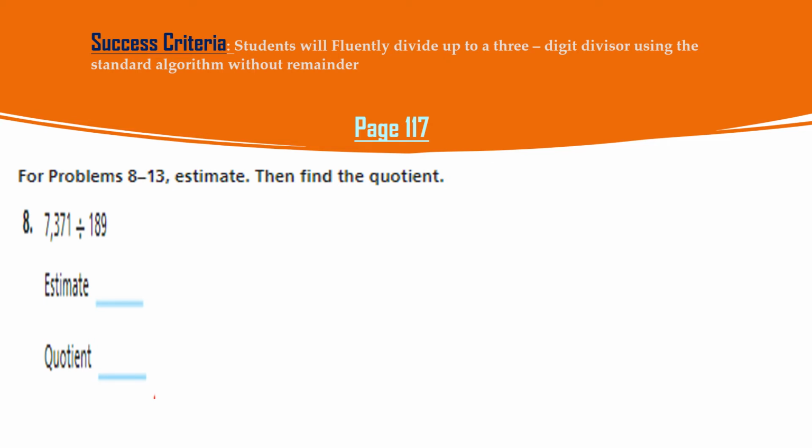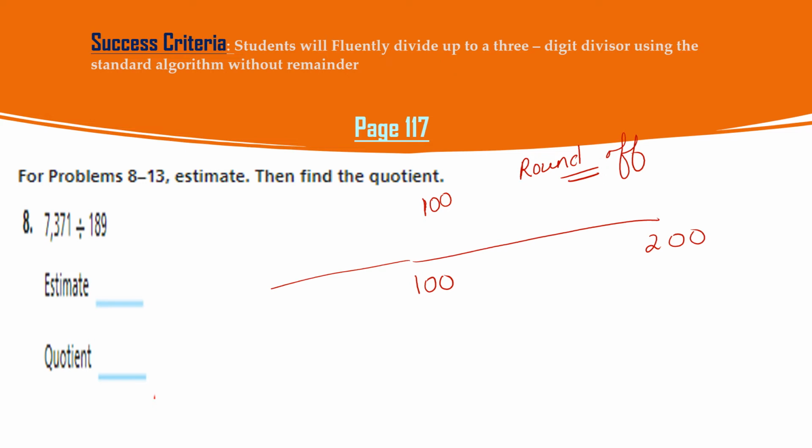Okay, let's try here. Now, estimate, then find the quotient. First of all, estimate means round off. So try to recall how to round off. Look at this. Let's suppose your main answer is 100, right? On the right side you have 200, and on the left side you have 90, right?